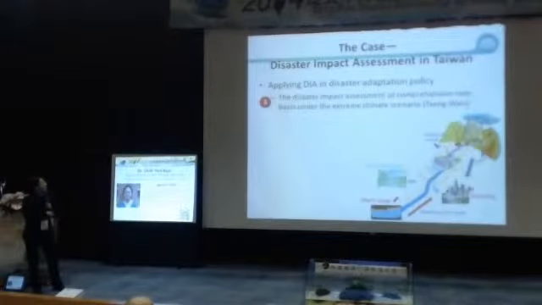And the fourth case is what we call comprehensive river basin management under the extreme climate scenario. Also using the Zengwen River as an example. In Taiwan, the river basin problem actually starts from the upstream. Upstream, we have some settlements, and landslides will go into the river and reduce the river flow.